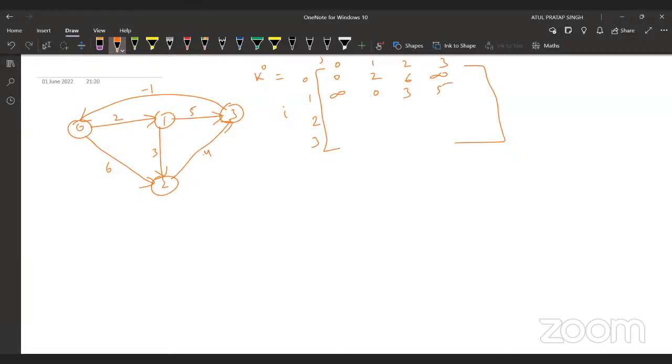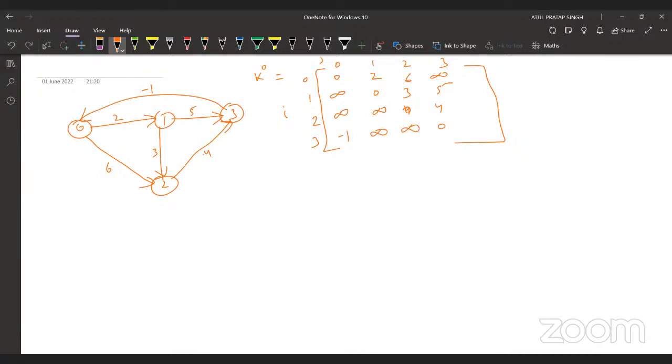Now 2 to 0 is infinity. 2 to 1 is infinity. 2 to 2 is 0. 2 to 3 is 4. And 3 to 0 is -1. 3 to 1 is infinity. 3 to 2 is infinity. So this is the initial matrix.